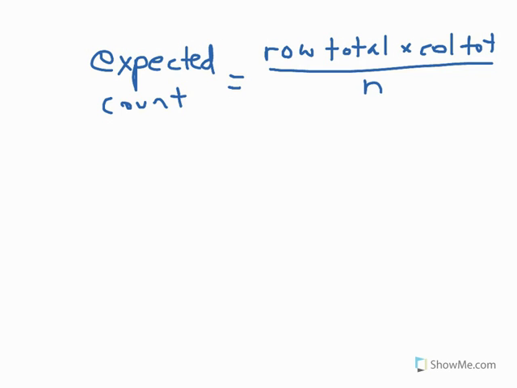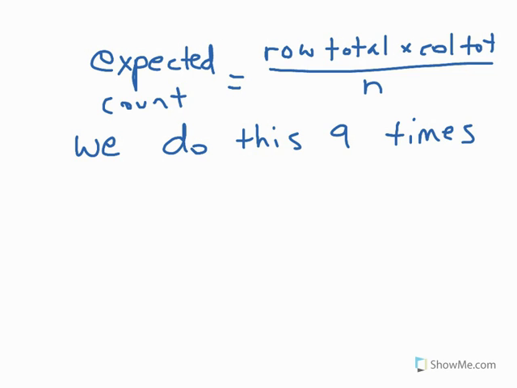And in this case, we're going to do this calculation for a couple of different cells as it's shown on this page. You can imagine that we need to do this 9 times. And each one could be slightly different depending on where we are, because for each row and each column, there's a unique total that's being used.